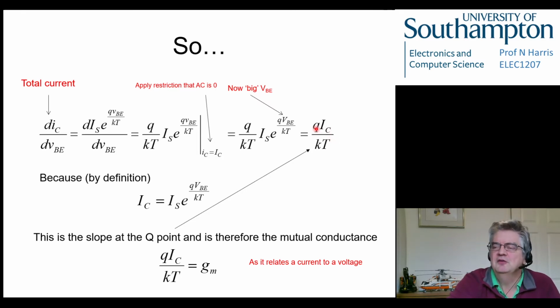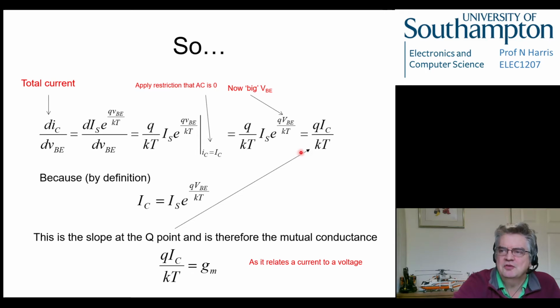So the nice thing about this is that this complicated exponential thing here boils down under those conditions to some constants q, k and T. T is temperature, which we assume can be constant, and some constant current, because this is the DC current that has been fixed by our large signal model for a given set of values of resistances and the type of transistor we've got.